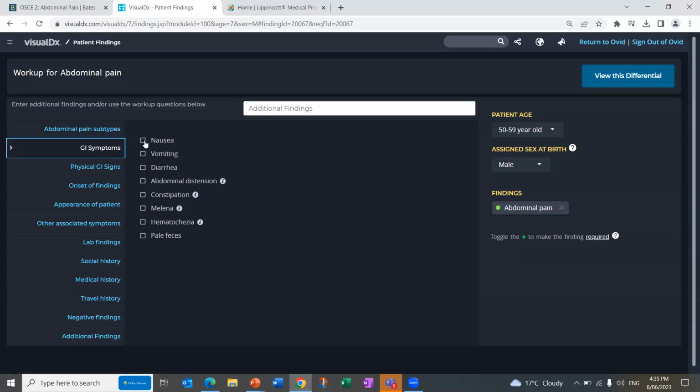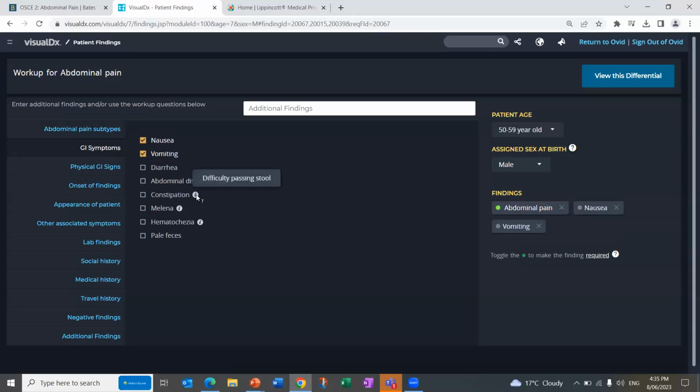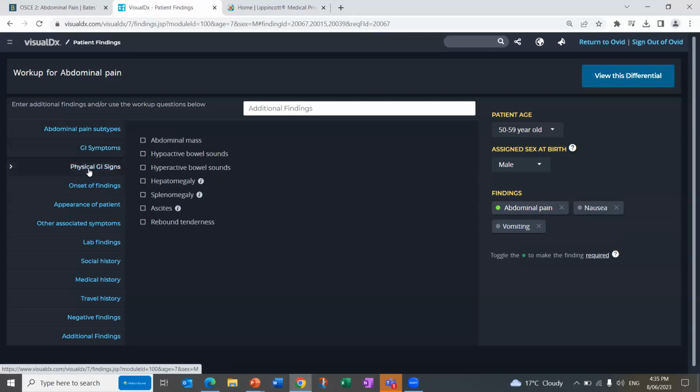We can tell and experience that this patient has nausea, that they have vomiting. If I'm not sure about the meaning of some of these options that we see here, you can see that the information icons gather other explanations about the choices that I can make. It's guiding us through the process.